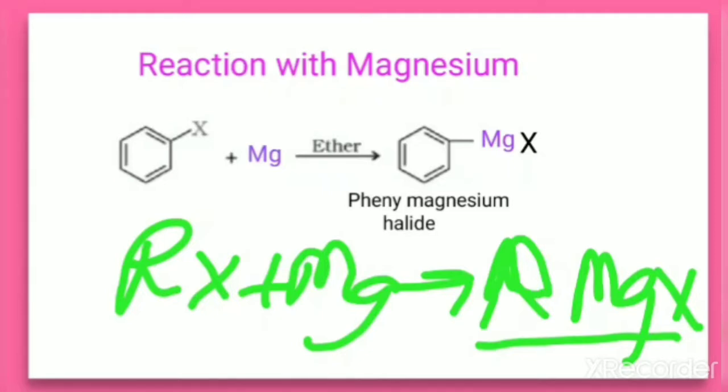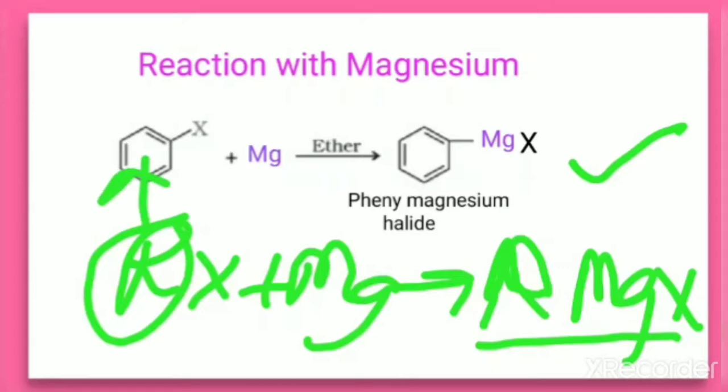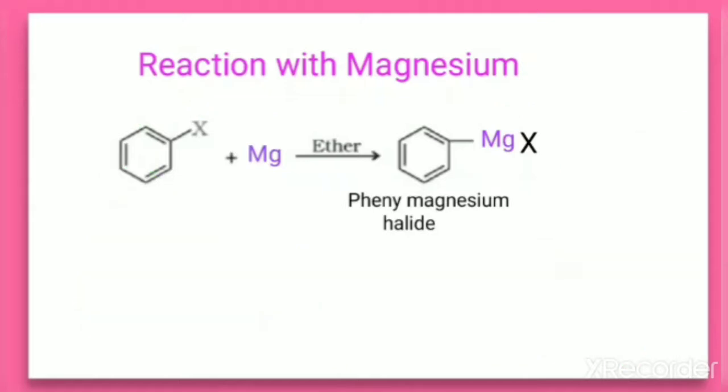The reaction is the same here, but in the place of R, what we have here is the phenyl group, that is C6H5. So when you compare this equation with the general equation, C6H5X plus Mg gives rise to C6H5MgX. That is the product called phenyl magnesium halide.